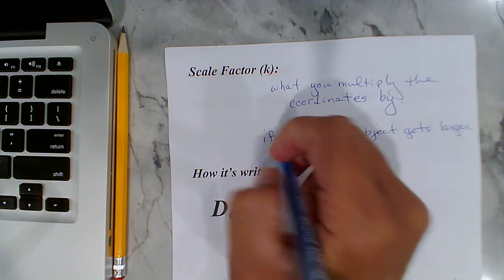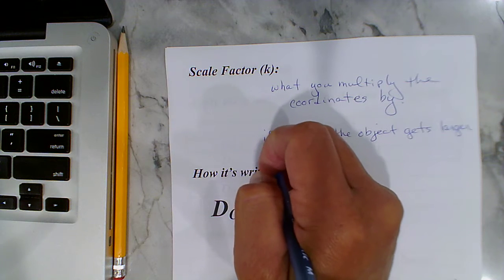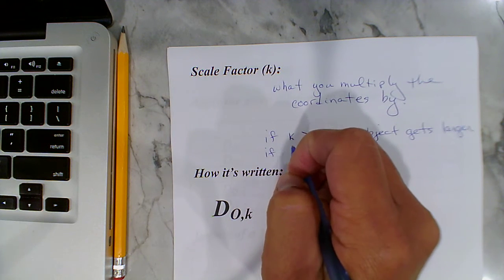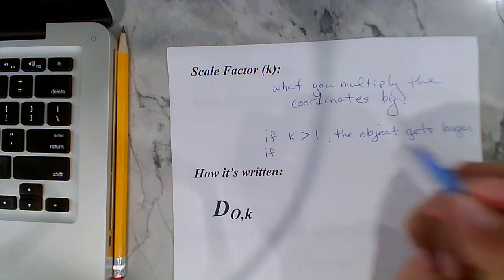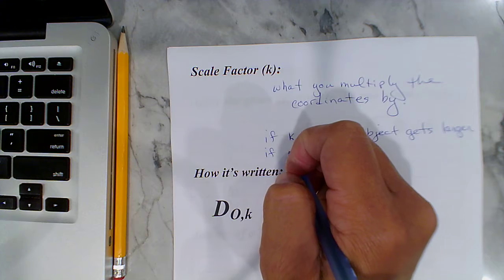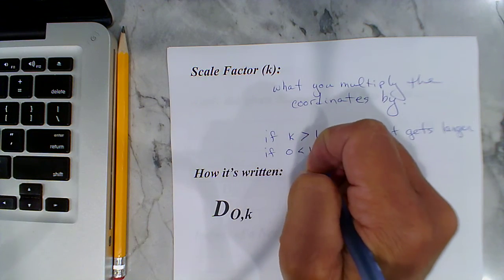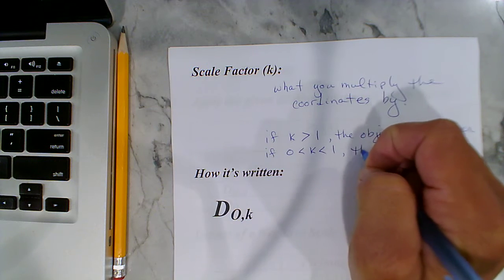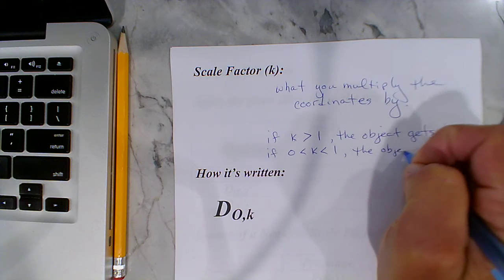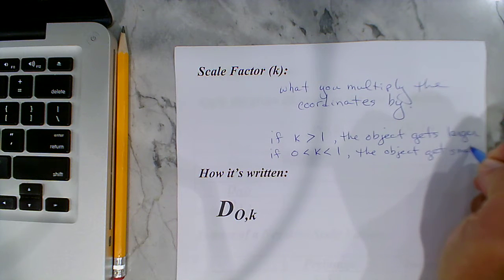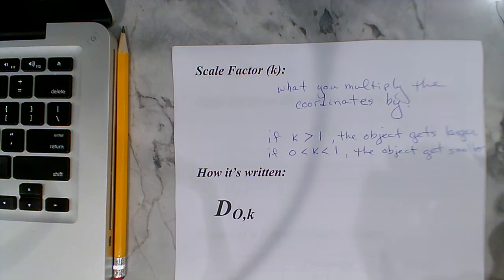But no. What makes an object get smaller is if your k value is between 0 and 1, like a half or a third or 2/3 or 0.9 or something like that. So if you are between 0 and 1, the object gets smaller. In other words, the image would be smaller than the pre-image.